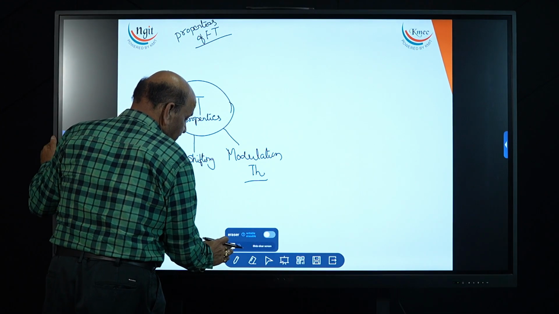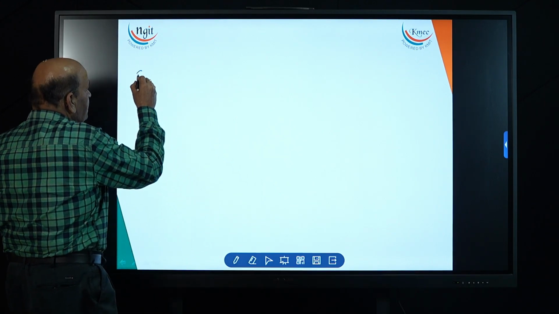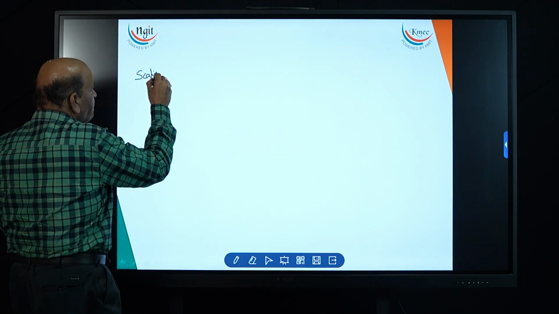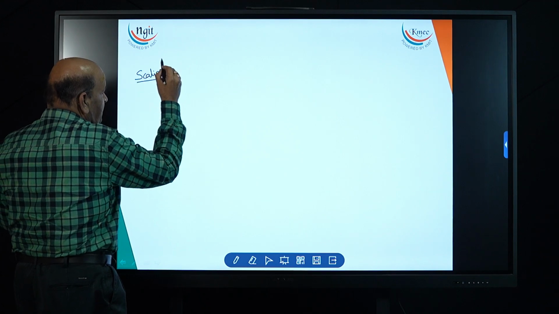Now just look at them. The first one is called scaling property. What does the scaling property say?